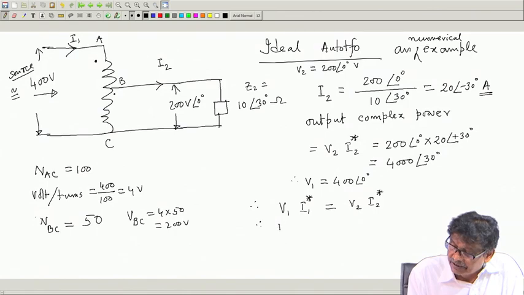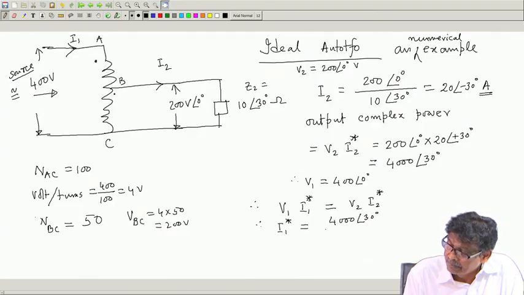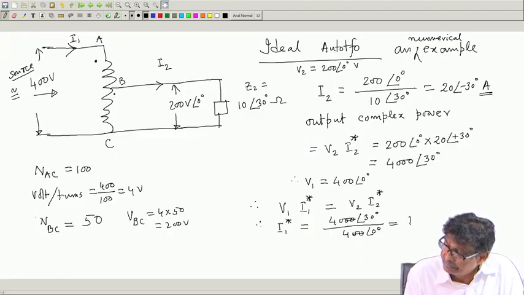Therefore, I 1 star will be equal to V 2 I 2 star, and V 2 I 2 star is this. So, I put those 4000 angle 30 degree divided by V 1, which is 400 angle 0 degree, and this becomes how much? 10 ampere, 10 angle 30 degree.